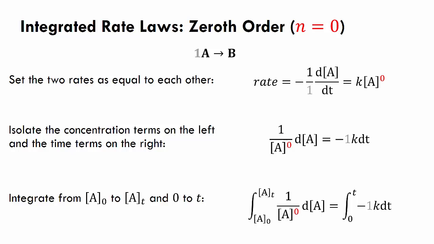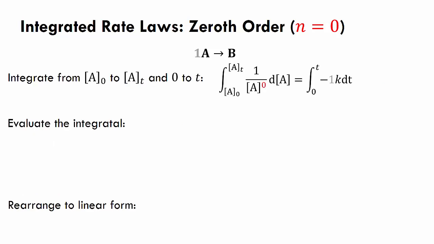We've isolated our terms and we've gotten to the integral at the bottom, so let's take this integral in the bottom right and evaluate it. If we take that integral, which is on the left side, essentially just the integral of dA, since 1 over the concentration of A to the power of 0 is just 1, then that integral is just the concentration of A. On the right, our integral of -k dt is just -kt.